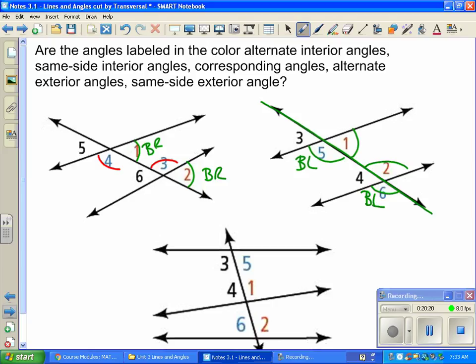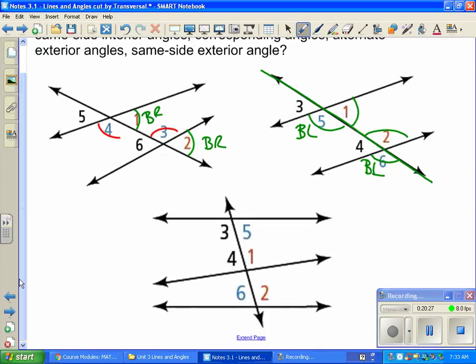So think through question number 3 here. We have too many lines really to focus on, so let's draw in one set that the two red ones are touching. Angle 1 is outside of the two green lines. Angle 2 is on the inside of the two green lines.